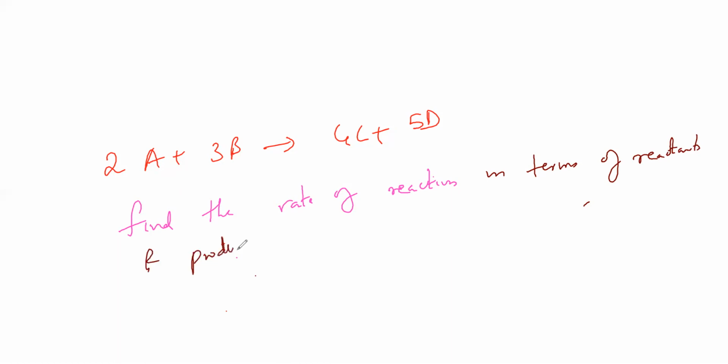So do it fast and send it to me in 1 minute of time. Do things fast. 2A plus 3B gives 4C plus 5D. Yes, stoichiometric coefficients only. 2, 3, 4, 5. One minute of time, that's more than enough for this.